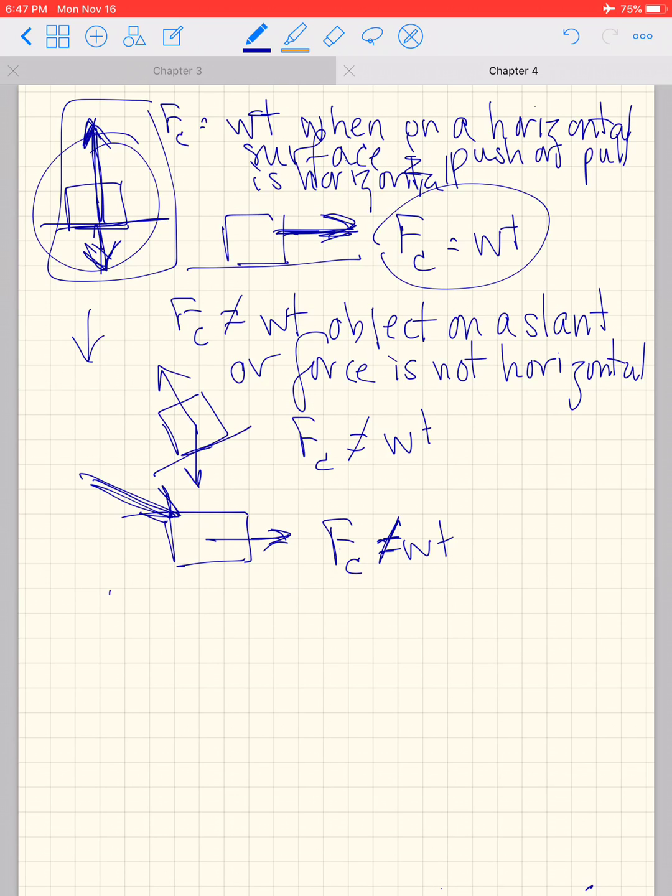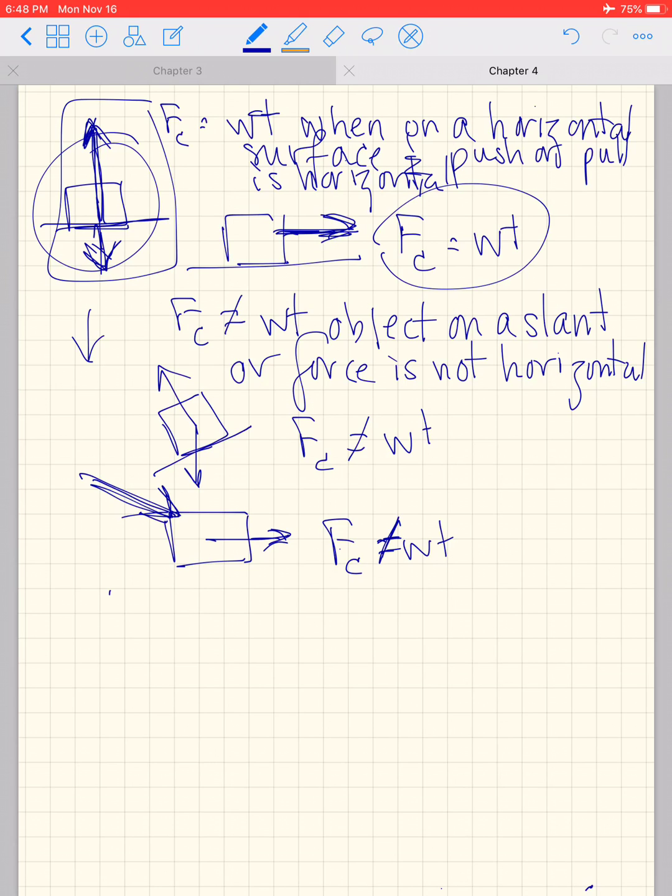All right, and then the last question you asked. So the first question is, is there weight? The answer to that question is yes, always for the problems that we'll be doing because they all take place on Earth. Second question, is there tension on a rope or wire, a push or pull? So you're going to look and see, is there something acting on my object through a rope or through pushing or through pulling or a wire?